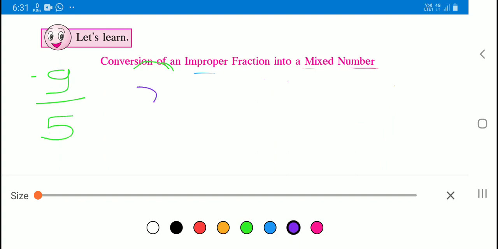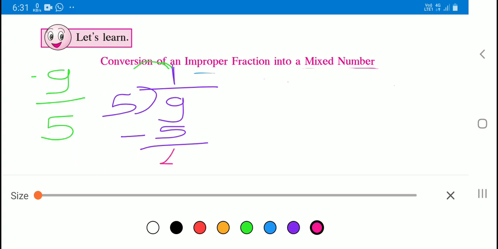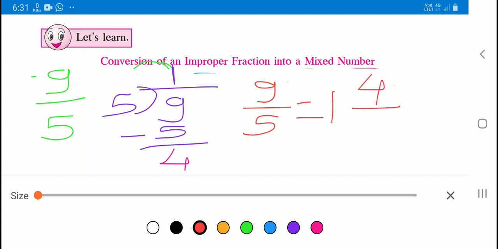So 9 divided by 5. 5 ones are 5, 5 twos are 10. So 5 ones are 5. Here, what is the remainder? 4. Now we will write this in the mixed number. So 9 upon 5 is equal to, quotient is 1, remainder 4, and divisor 5.